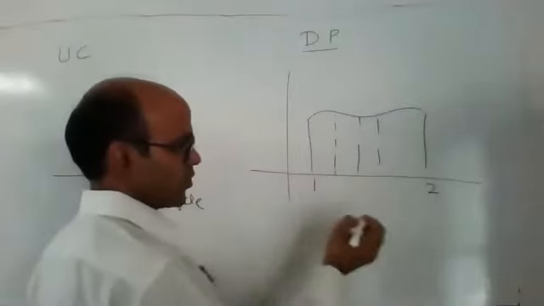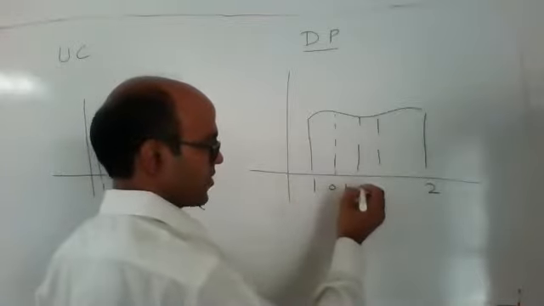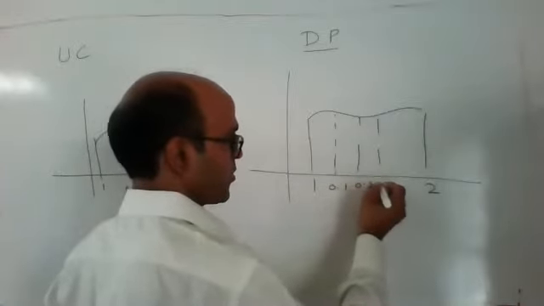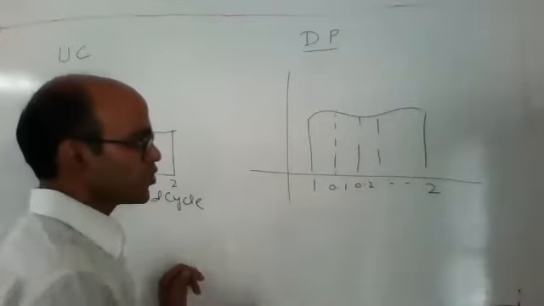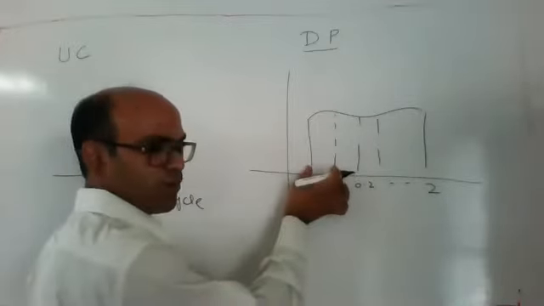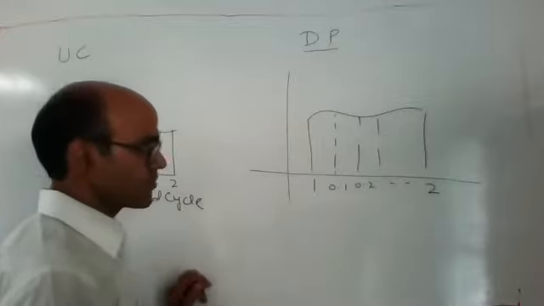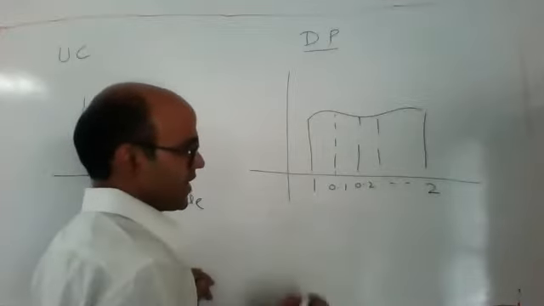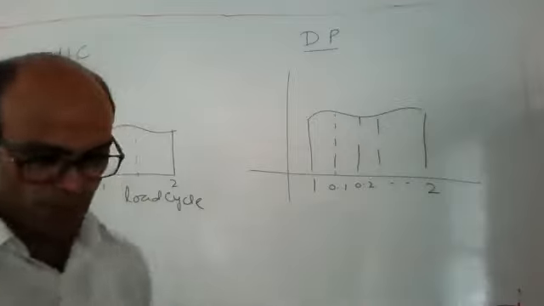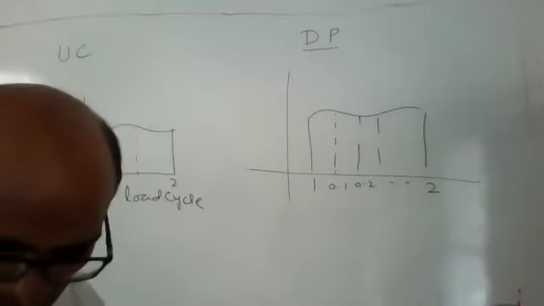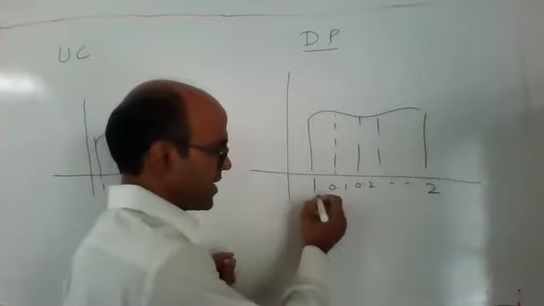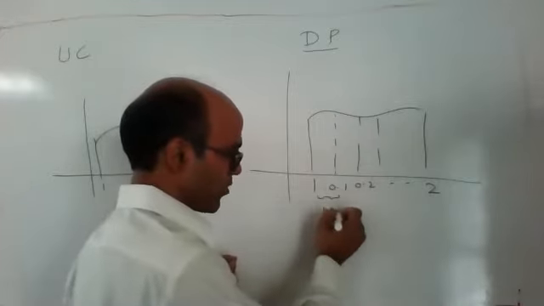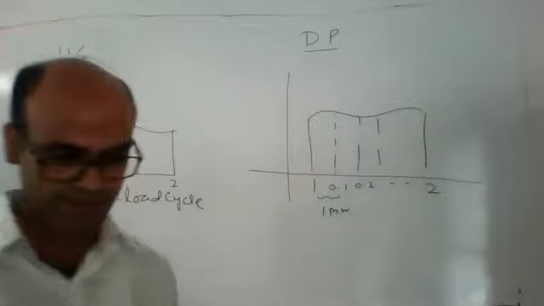So this is 0.1, then 0.2, like that up to 10 steps. Each step has a uniform distance. In our case, in this problem which I am considering, I am assuming one discrete time step has a value of 1 megawatt.